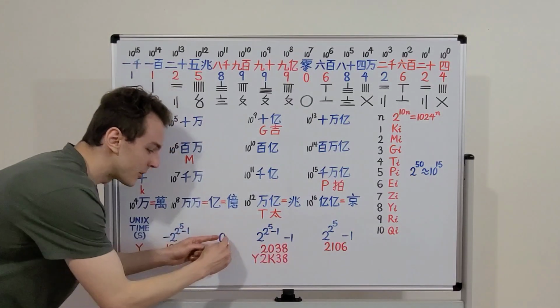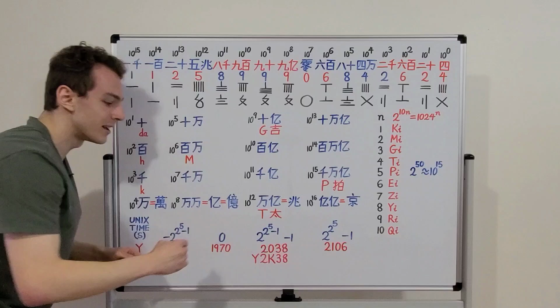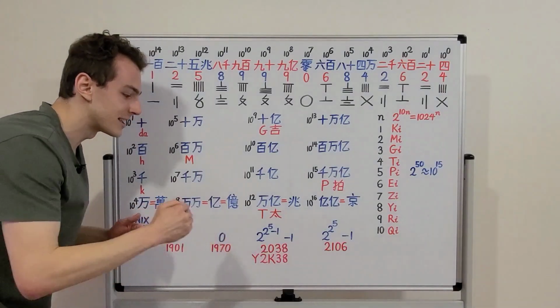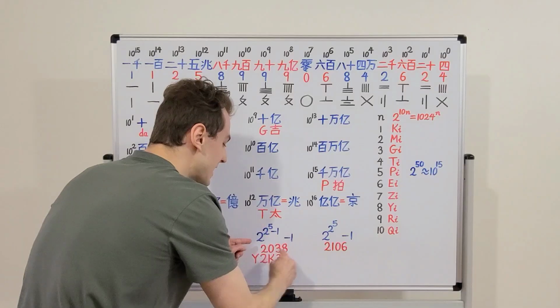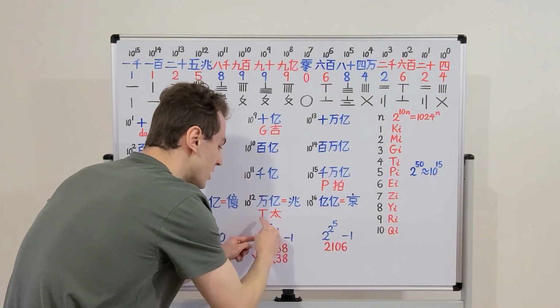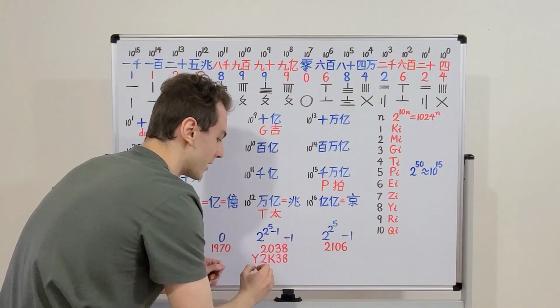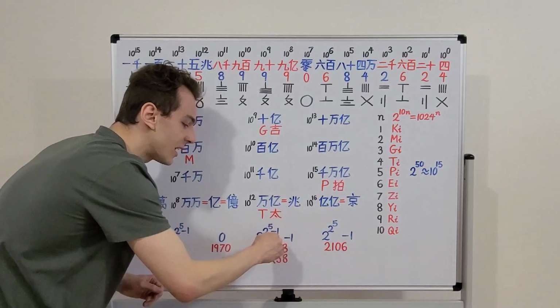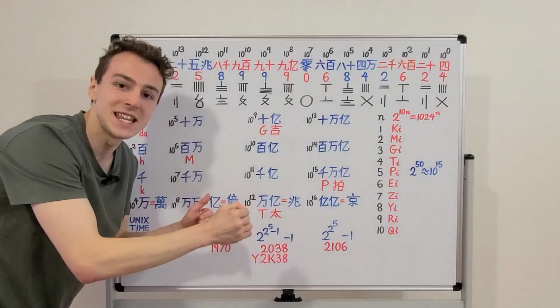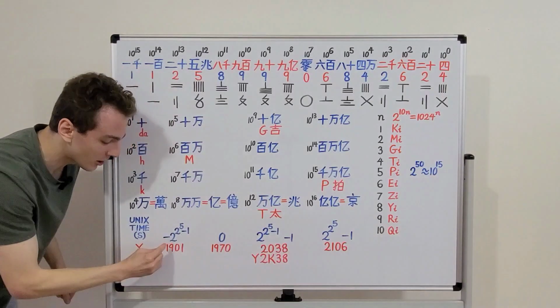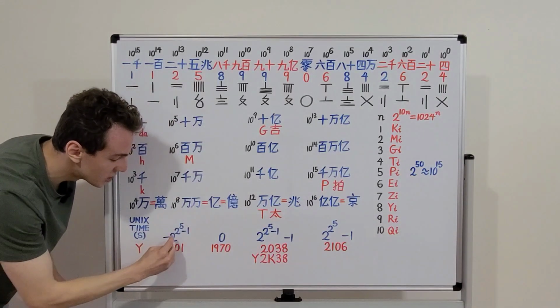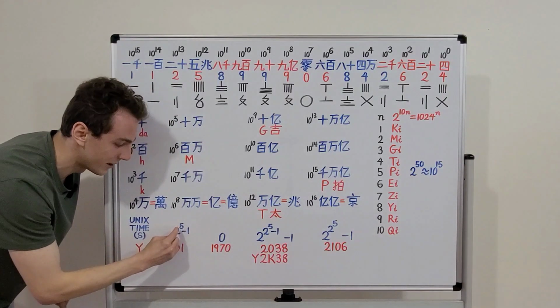Now that is a problem, because if we keep counting every second, and we update that signed 32-bit integer, eventually we're going to reach this value, which is 2 to the power of 31 minus 1. Now what happens when we reach this value and then we count up to the next second? That's going to take us back here to this value, to minus 2 to the power of 31.